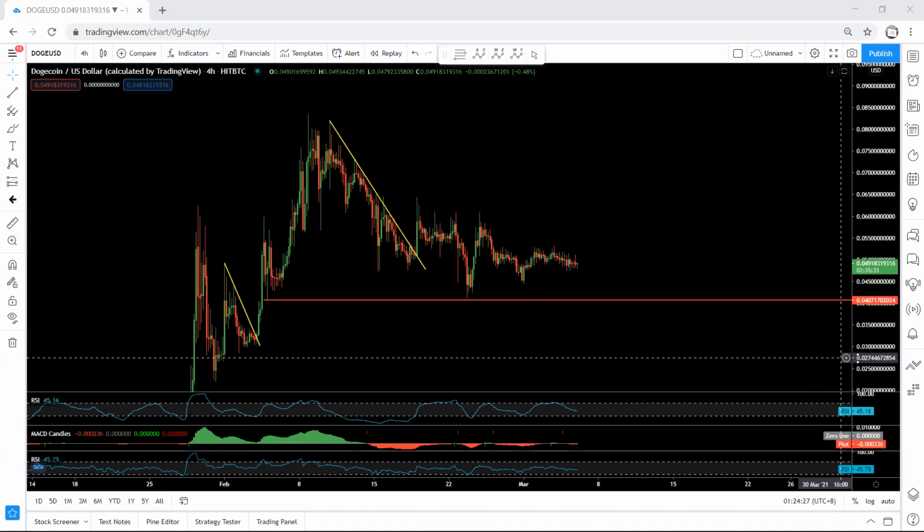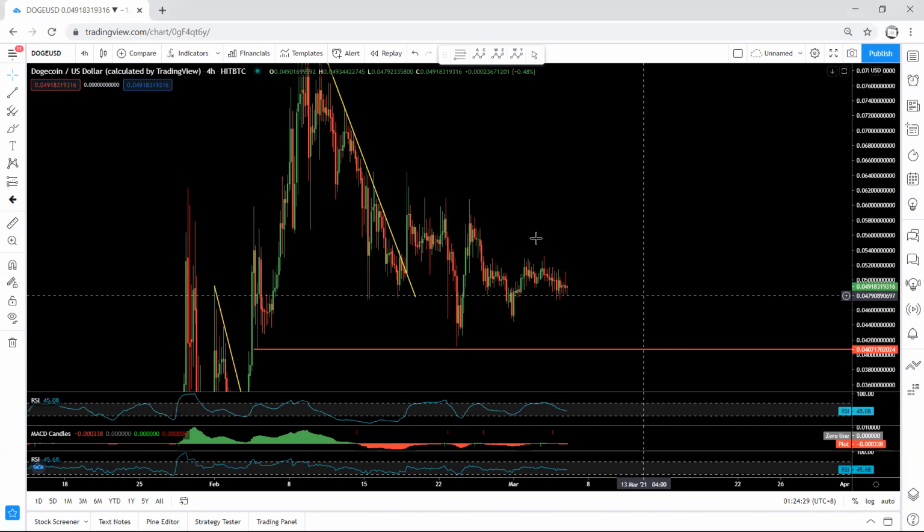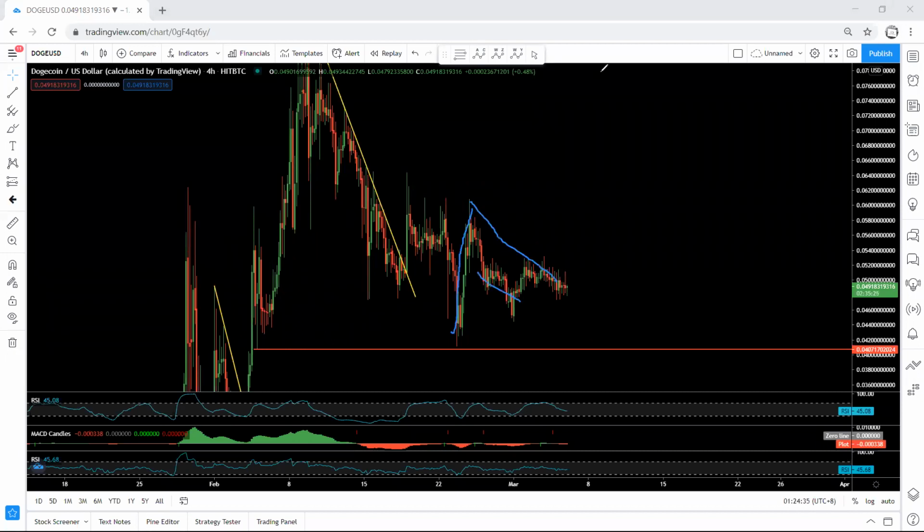Okay, now if I zoom in, what we are looking for right now is this move in relation with this correction. If we see this one, we have the correction with a first move, and this is a second. We can expect one move up, then from there we can expect one move down. As long as the price hasn't broken this low, we consider this a correction in relation to this.